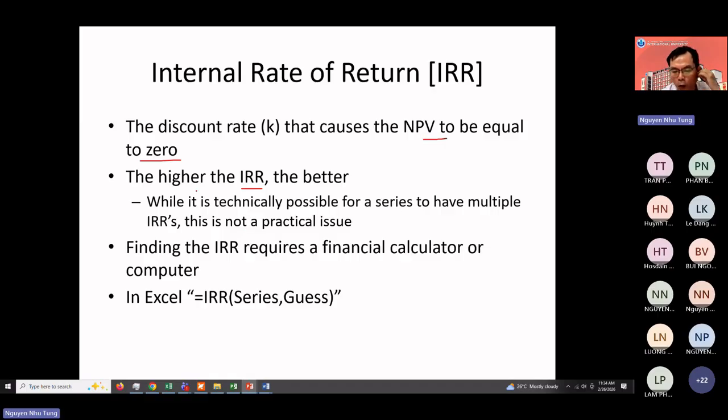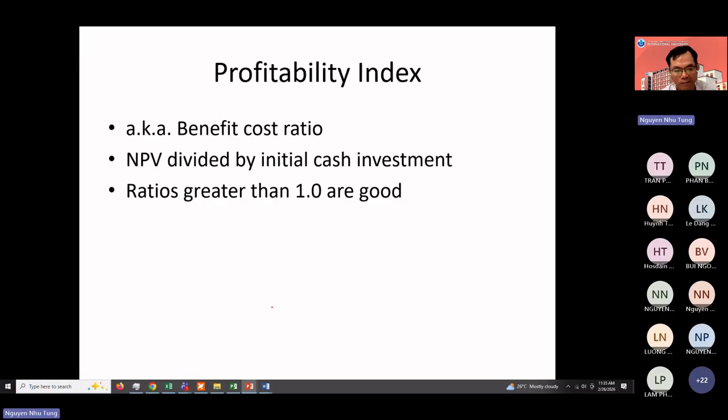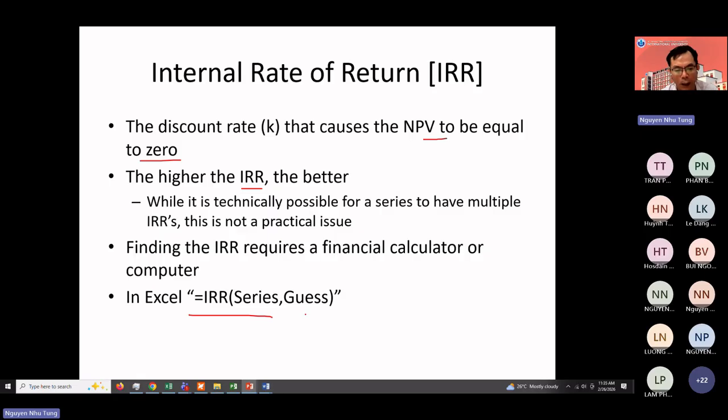You use IRR when you would like to compare multiple project proposals, and the project with a higher IRR should be accepted. So in Excel, you can use the function IRR to calculate it. Of course, you can use the technique like trial and error until you get the NPV 0.